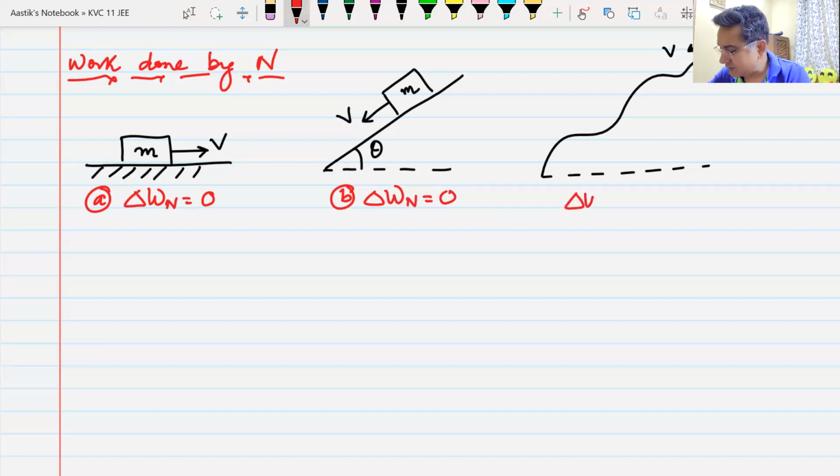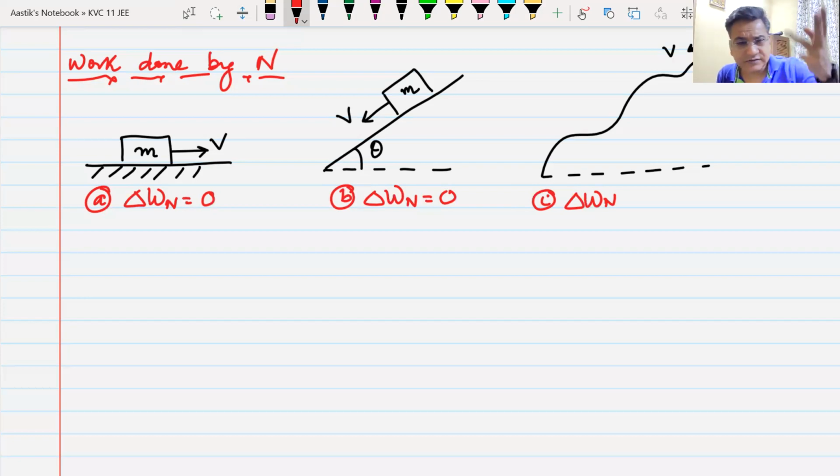What is the work done by normal reaction in the third case? Positive, negative, 0, what? I'm waiting.